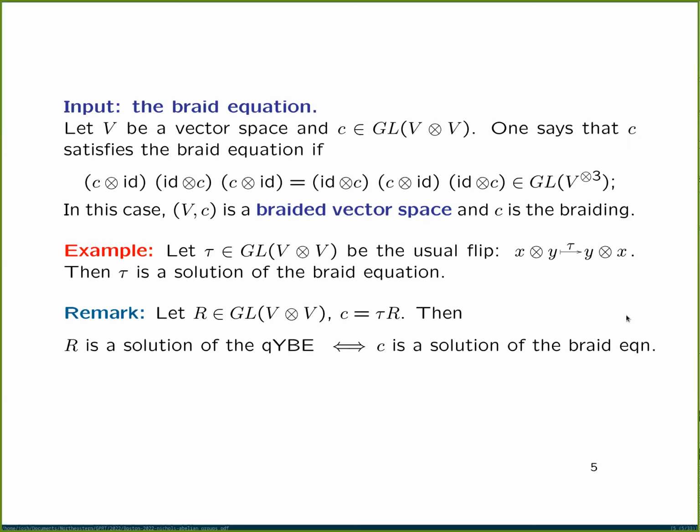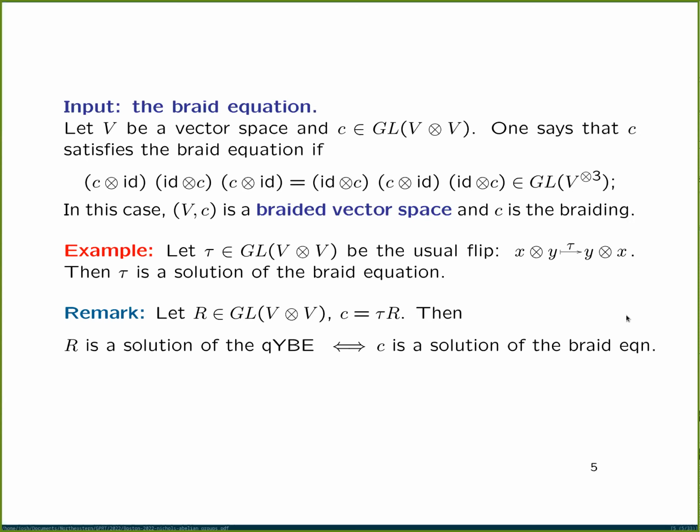In this case, we say that the pair (V, c) is a braided vector space, and c is called the braiding. The standard example, something that we used many times in undergraduate courses, is the usual flip that sends x tensor y to y tensor x.